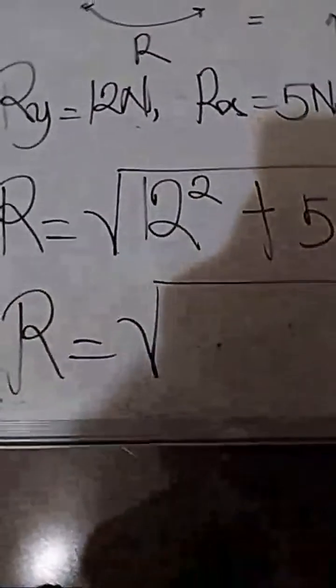That results into the resultant being equal to, the 12 square will give us 144, plus the 5 square will give us 25. If this is true, it simply means that the resultant will now become the square root of, you are going to add 144 to 25. And when you add the two of them, you will simply get 169.